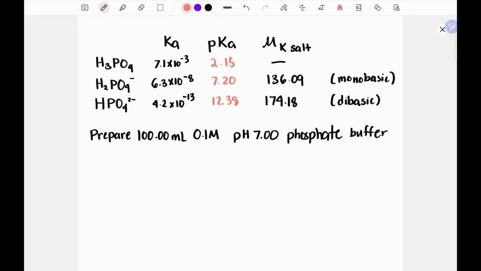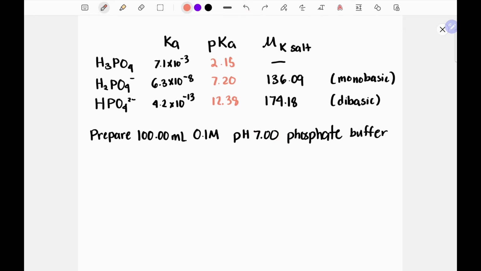If we are tasked to create a buffer solution of a particular pH, we need to find a pKa value that is 1 unit more or less away from this pH value. If you could see, the pKa of H2PO4 minus is precisely that. It's very close to pH 7.